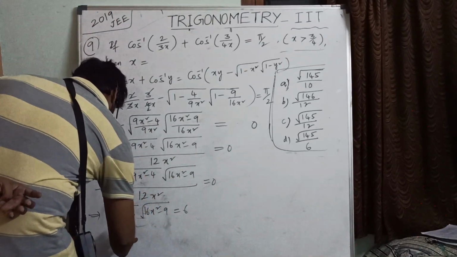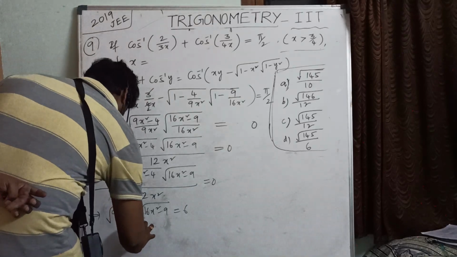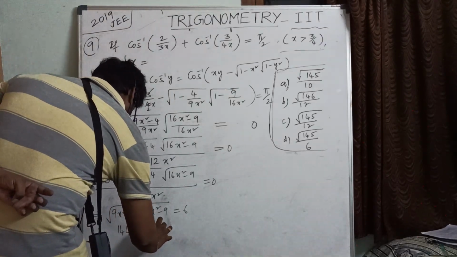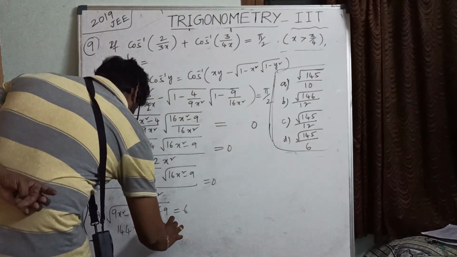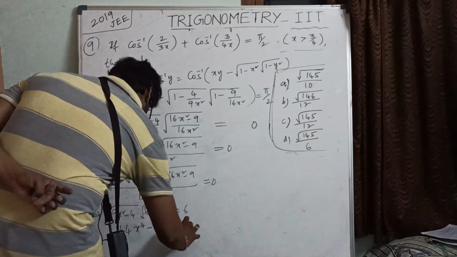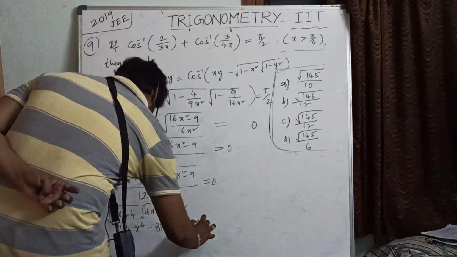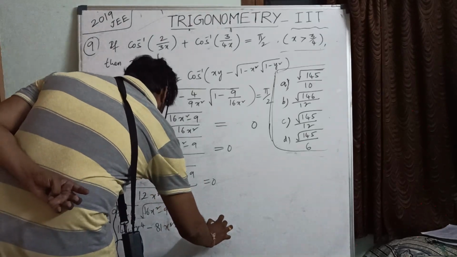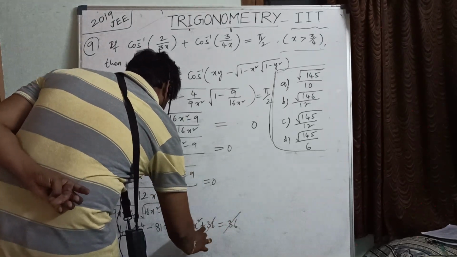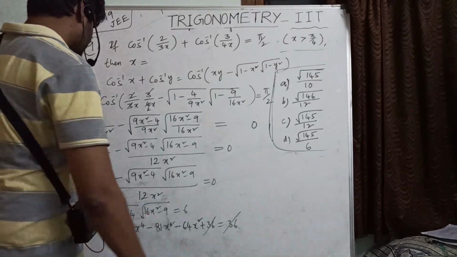144 x power 4 minus 81x square, okay, so now minus 64x square plus 36 equals 36. 36 gets cancelled there. So what can I get here?